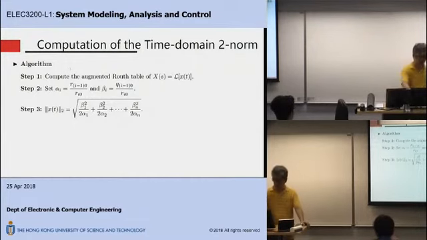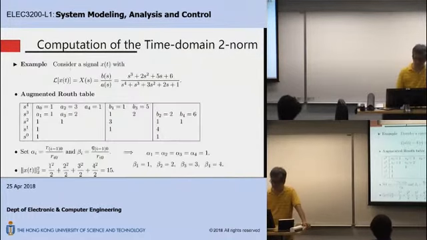After you get alpha I, beta I, you definitely have n of them, n alphas, n betas. Then the 2 norm is simply the square root of those guys. Right? You simply do this kind of simple computation. Make it 2 norm. Right?